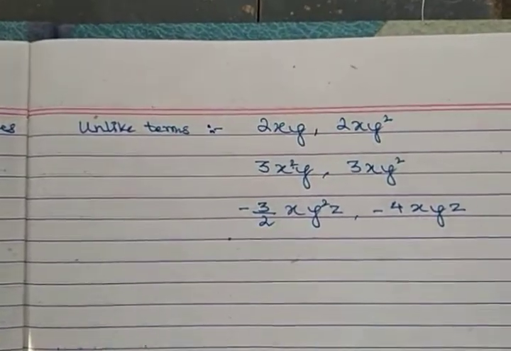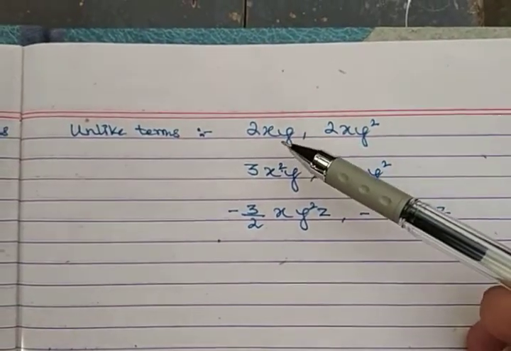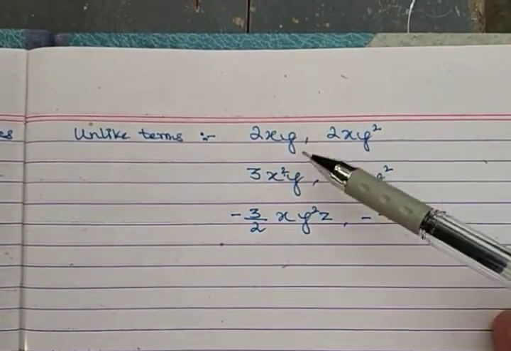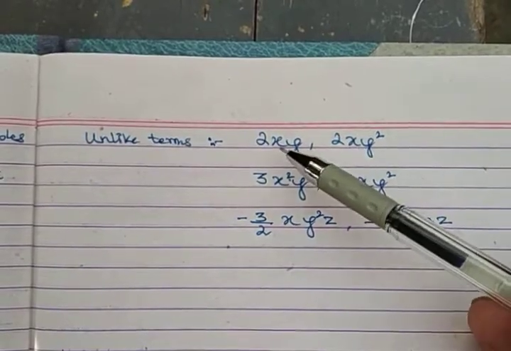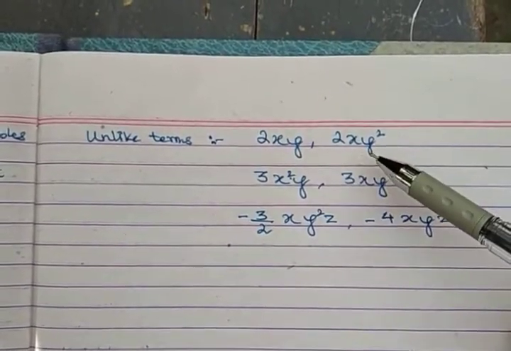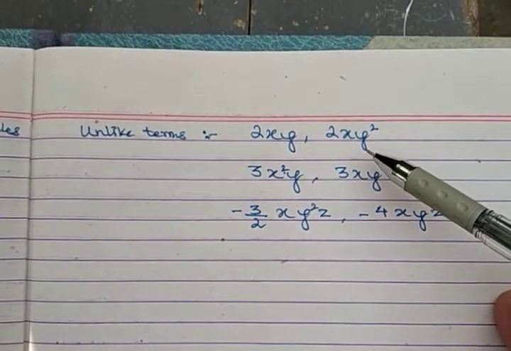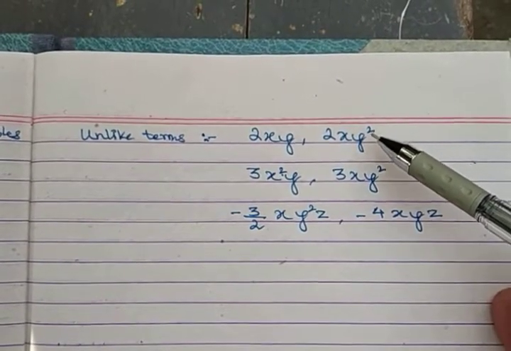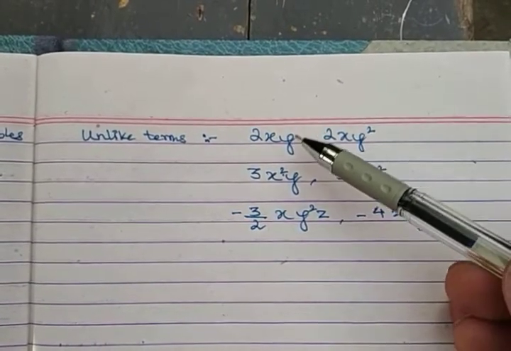For unlike terms, as I said, even though for two terms the coefficients are the same, and the variables are also the same, xy and xy, what I see in the second term is that the power of y is 2, but for the first term, the power of y is 1.